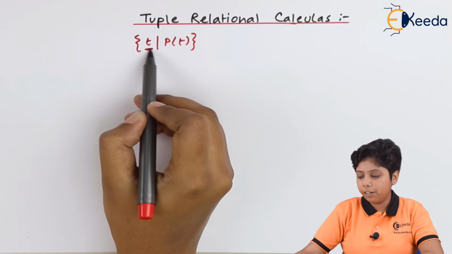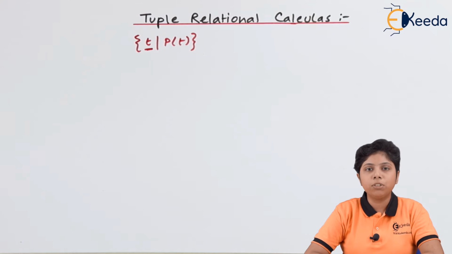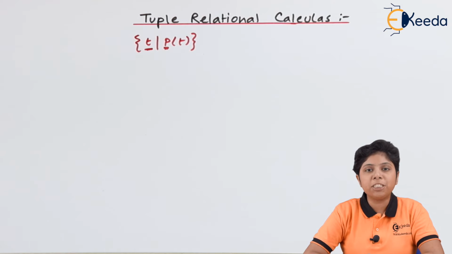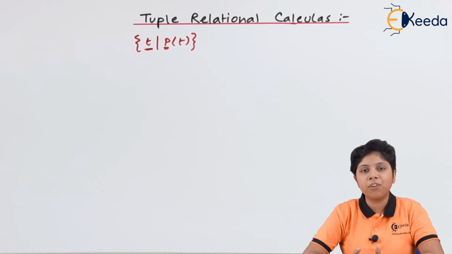Now the T here belongs to the tuple that we want to fetch from the relation. The P denotes the predicate that is to be checked against the tuple, and here P is a function on the tuple: the tuple will be given as an input to the predicate, checked against it, and if satisfied then will be given as a result.